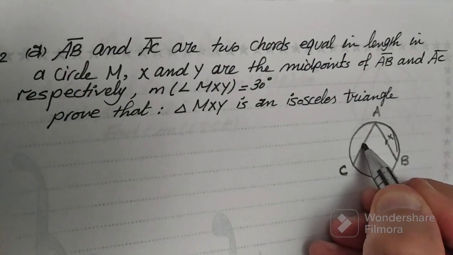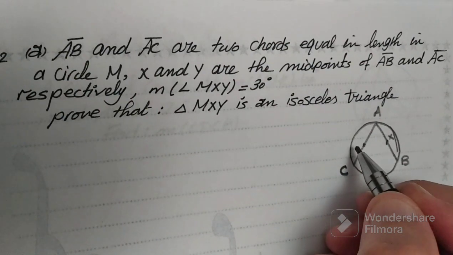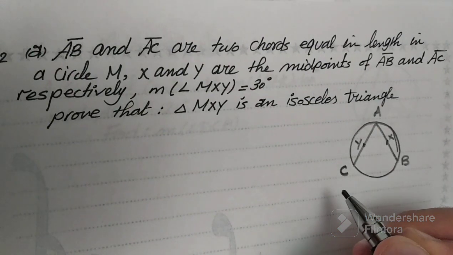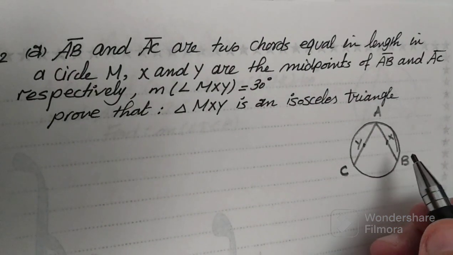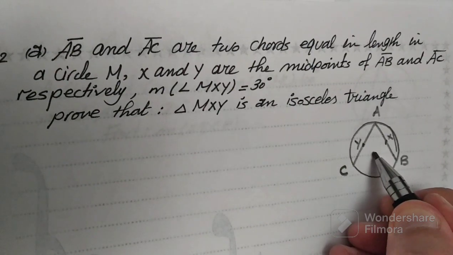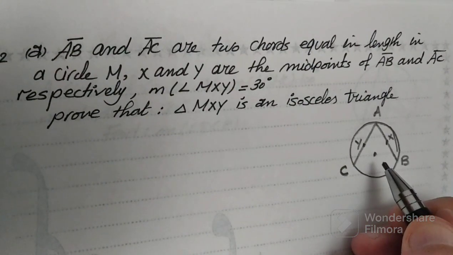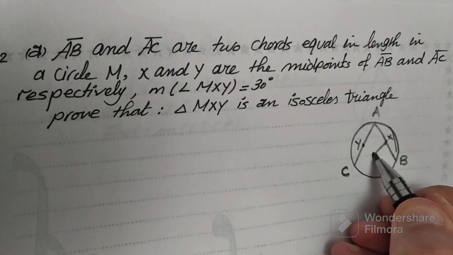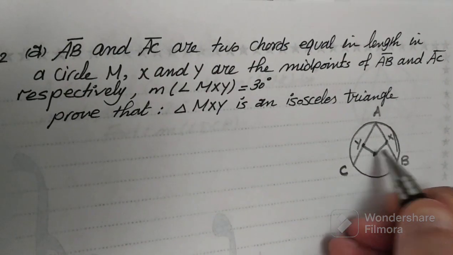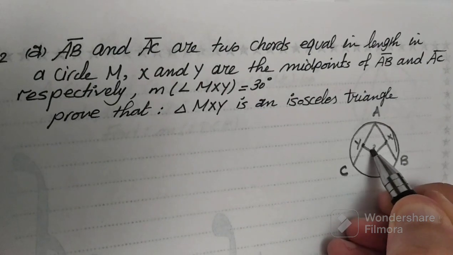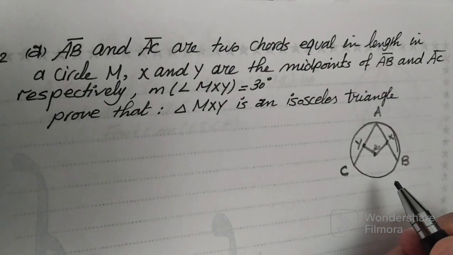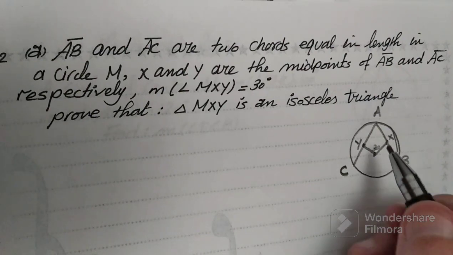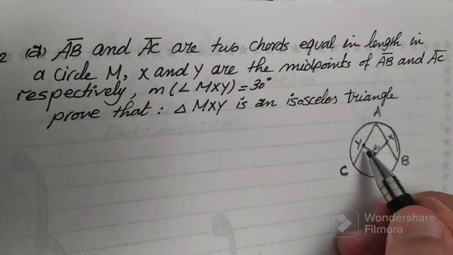Y is the midpoint of AC. Measure of angle MXY equals 30 degrees. Prove that triangle MXY is an isosceles triangle.